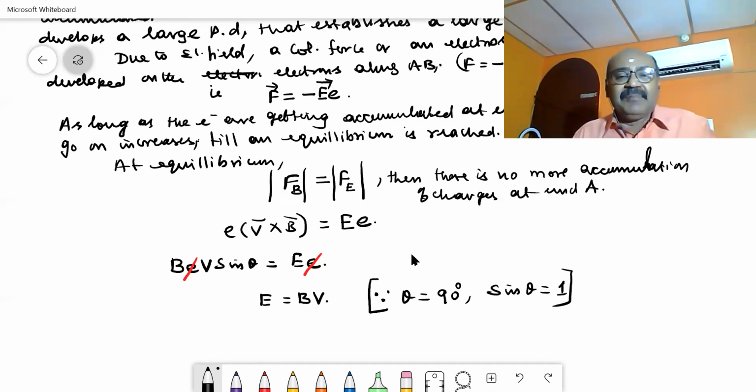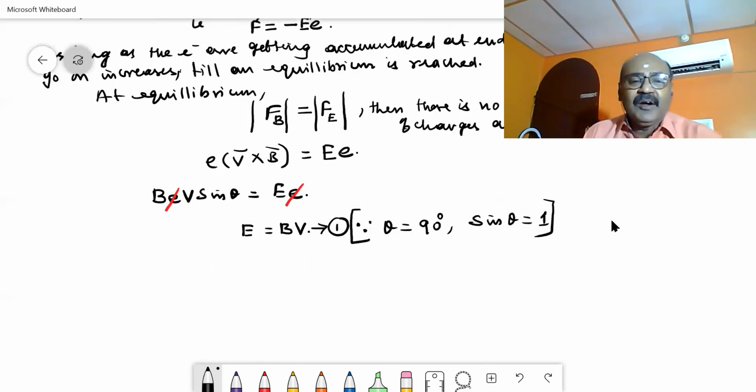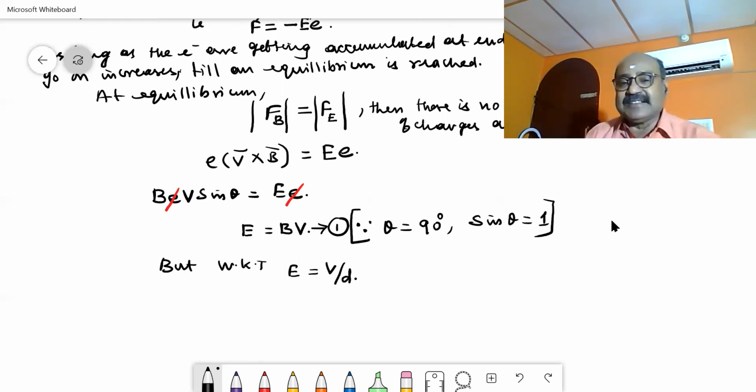I am taking this relation as relation number 1. But we know that the electric field can be written as E is equal to V by d. See, in the first lesson we stated that the electric field E is equal to V by d. We are in need of the potential difference, the EMF.